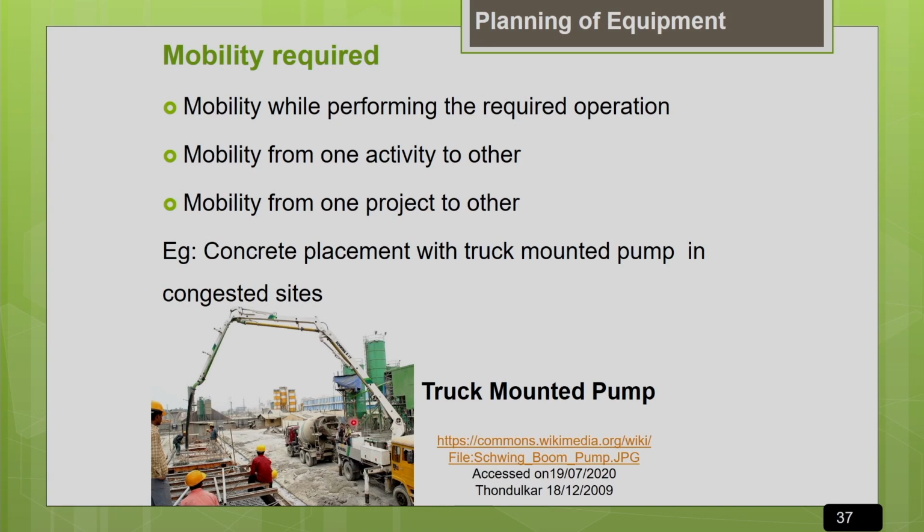This is basically a concrete pump mounted on the truck with a boom arrangement, just like a crane. It helps to place the concrete at the required location. So in congested sites where mobility is needed, you can go for this option. Like this, there are different options available depending upon the requirement and the conditions at your site. You have to go for the selection of your machine.